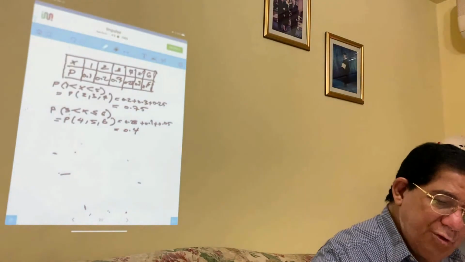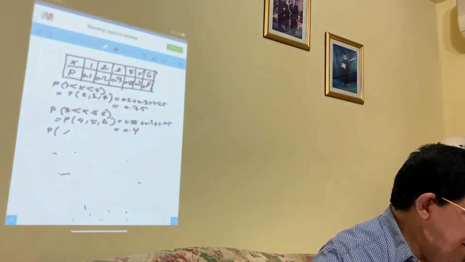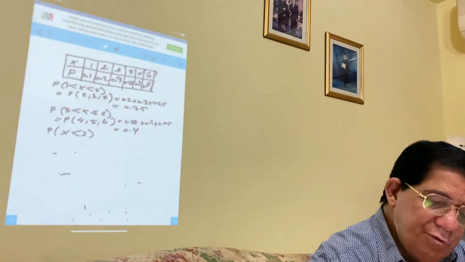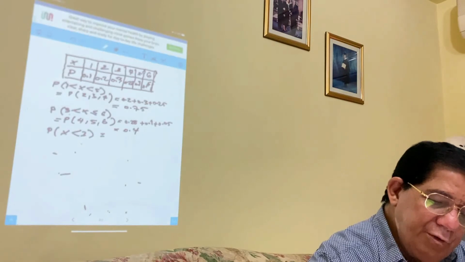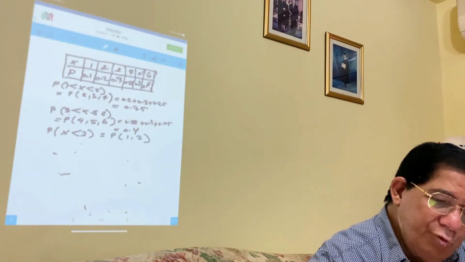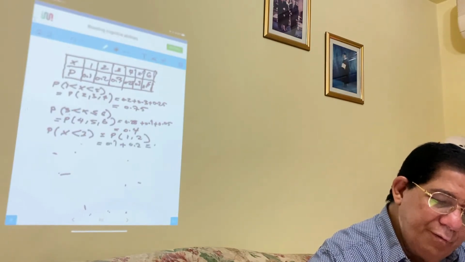We can be asked what is the probability that x is less than 3. That means the probability of 1 and 2. Therefore, just add 0.1 plus 0.2 is 0.3.